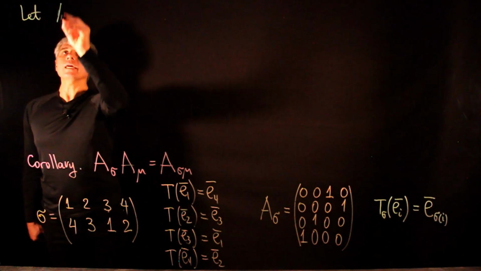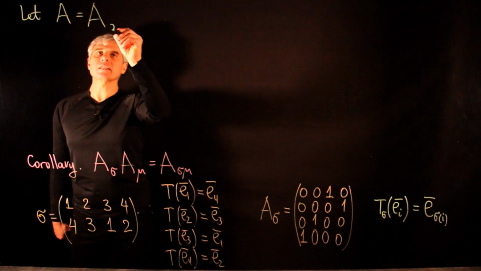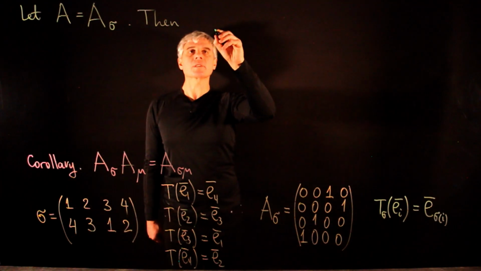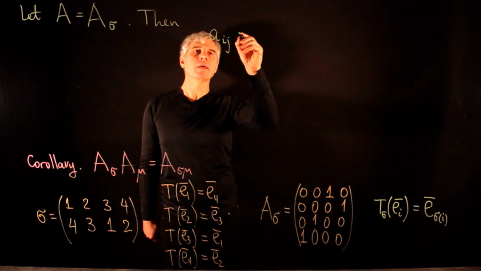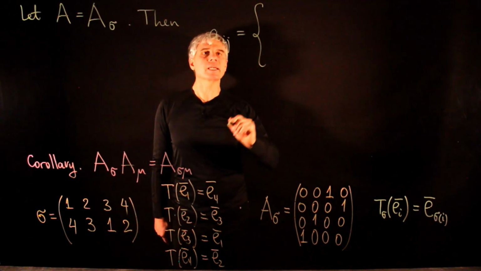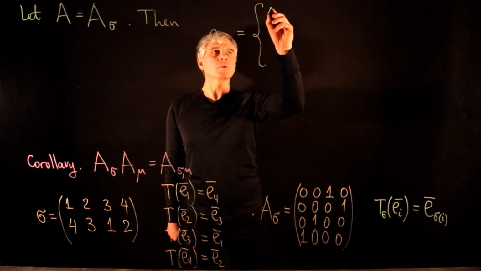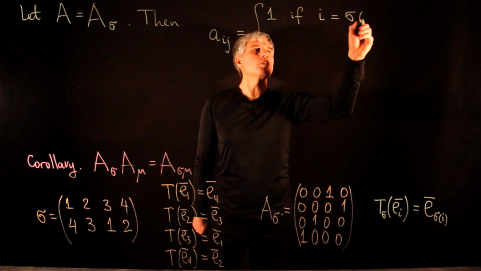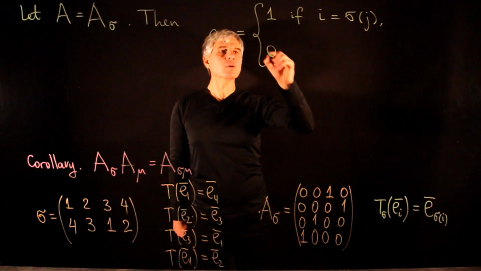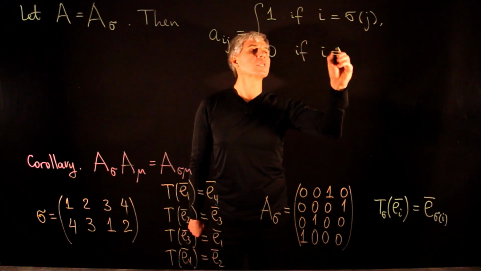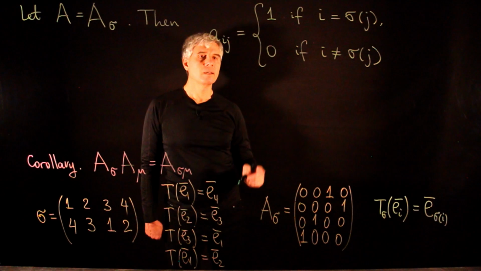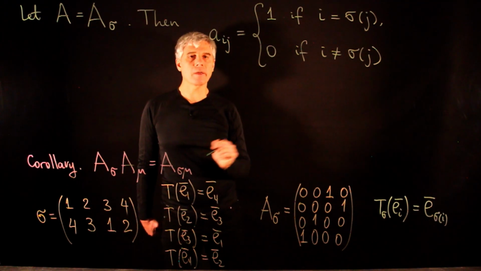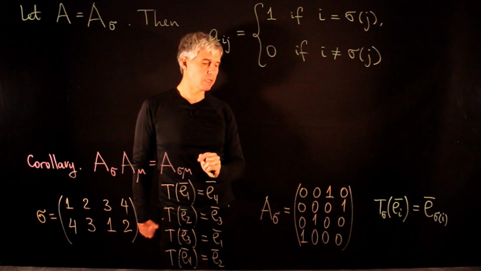Let us look at the entries of a permutation matrix. So let A be the permutation matrix A sigma. Then what can we say about the entries of this matrix, a_ij? Here we can say that a_ij is equal to 1 if i is equal to sigma of j, and it's 0 if i is not equal to sigma of j. Now recall that in the notation a_ij, i represents the row and j represents the column.